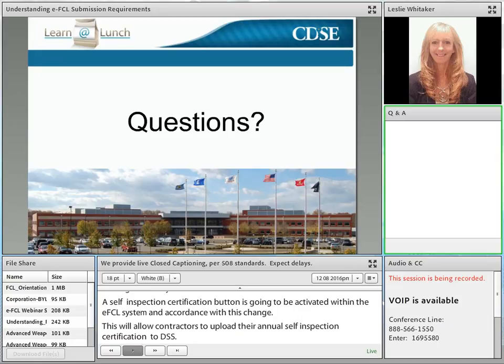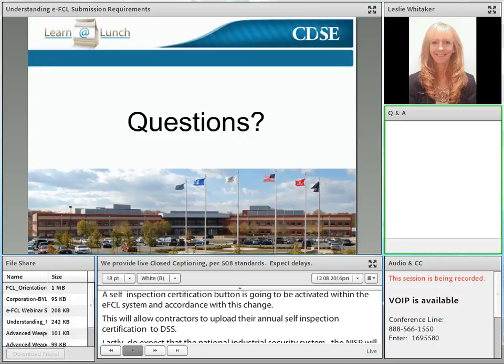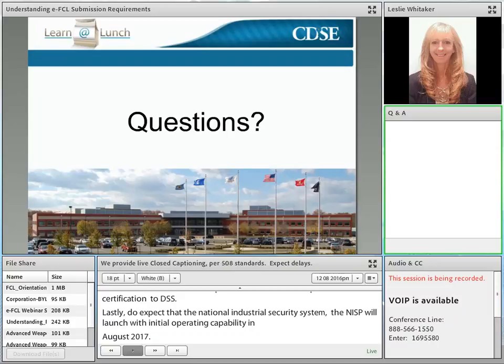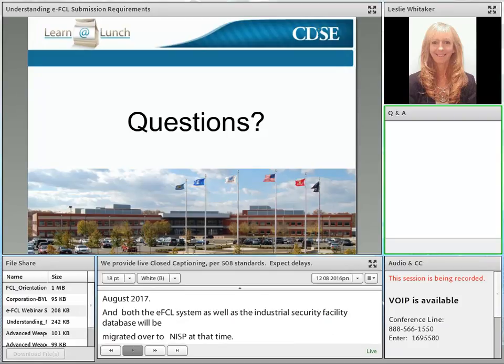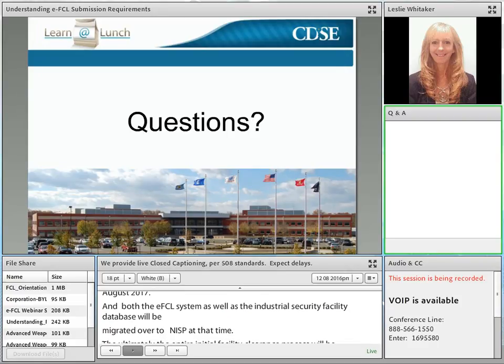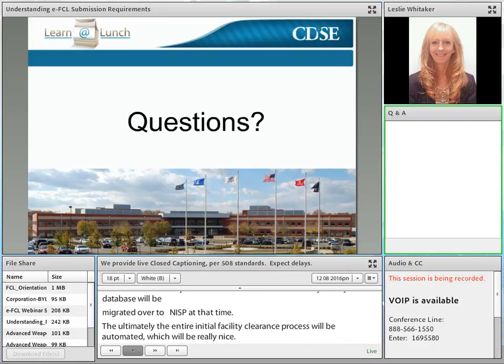And both the eFCL system as well as the Industrial Security Facilities database will be migrated over to NISS at that time. So ultimately, the entire initial facility clearance process will be automated, which will be really nice. So there are several changes in the works that will impact the eFCL submission process. And I'd recommend that you routinely visit the dss.mil site to keep apprised of these changes as they occur.